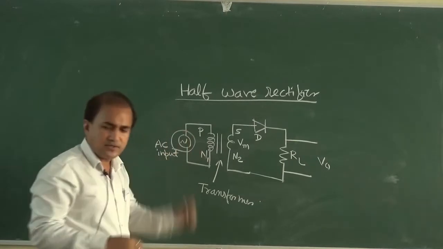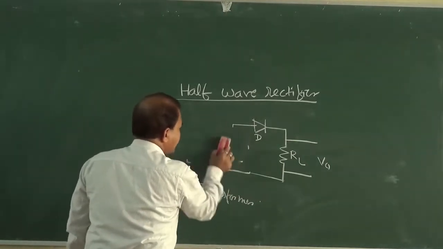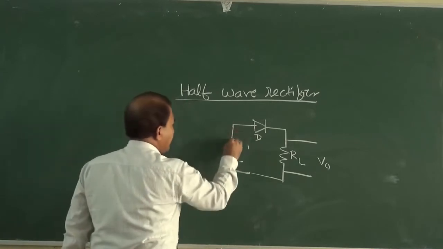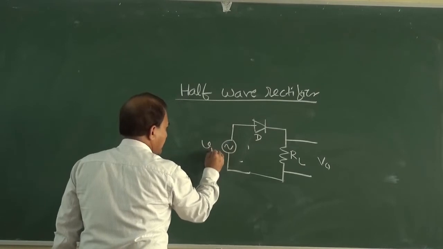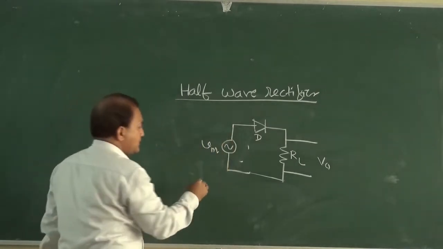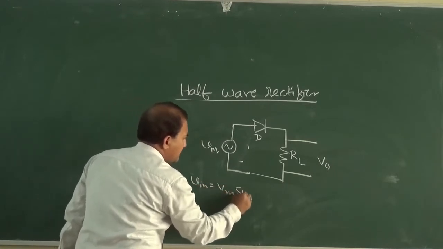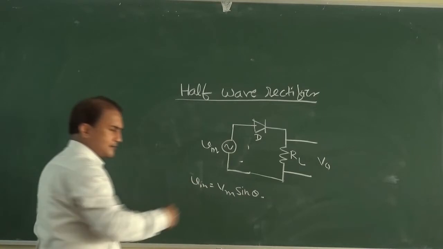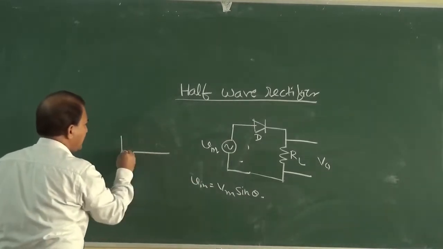We may not use transformer also. So in that case, the circuit will look like this. Say V in, it is equal to say Vm sin theta. And how are you representing V in?